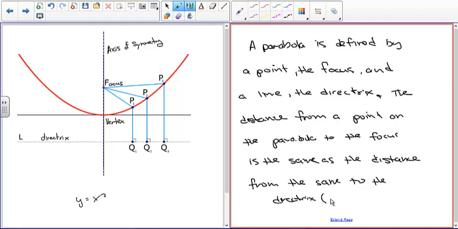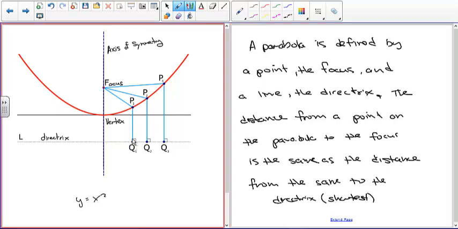And we'll say it's the shortest distance. So the shortest distance from here to the directrix is always going to be a line that's perpendicular. So you can see these are all perpendicular. So the distance from the focus to a point on the parabola is the same as the shortest distance from that same point to the directrix, which turns out to be a perpendicular line.